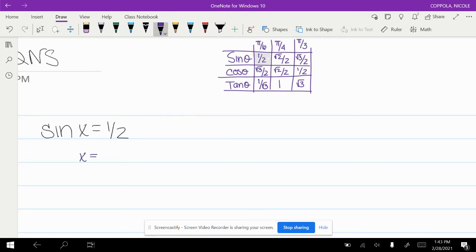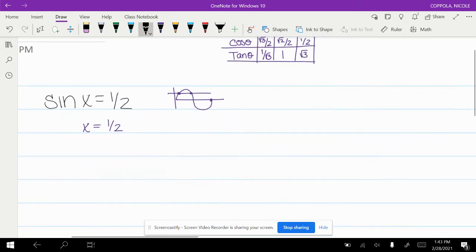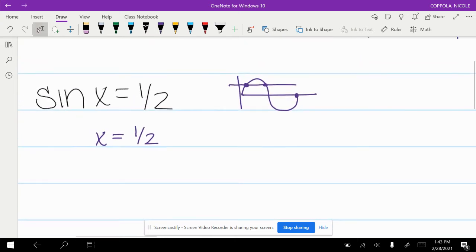Ha, just kidding. Because if you actually think about the sine curve between 0 and 2 pi, it is equal to 1/2 in two positions, right? So we got that first one. We know that sine of x is equal to 1/2 when x is pi over 6.